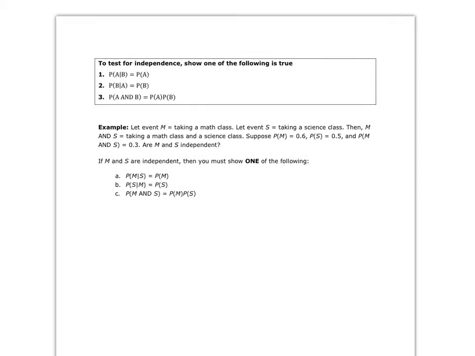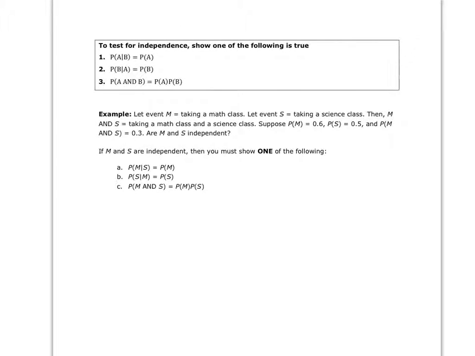If we're asked if two events are independent, how do we test for that? Well, there are 3 different ways.